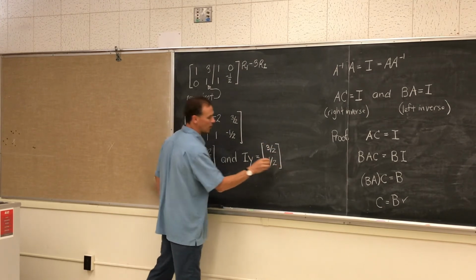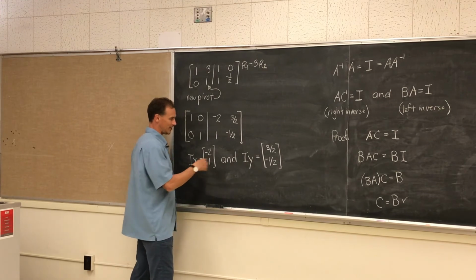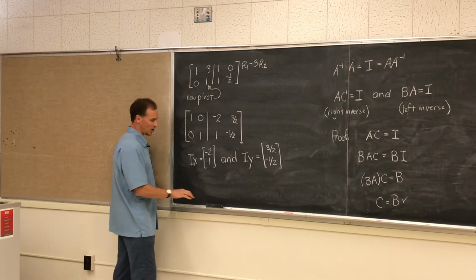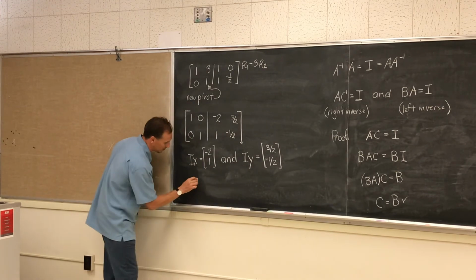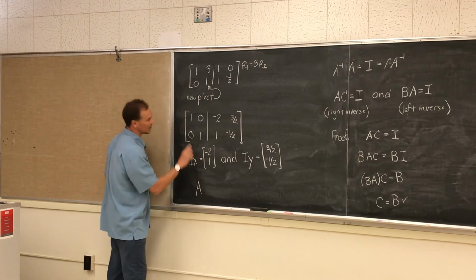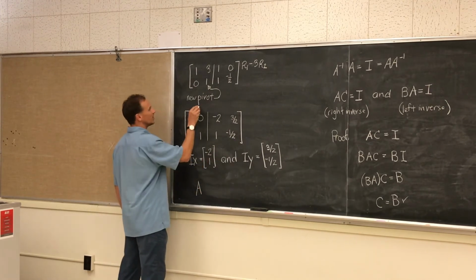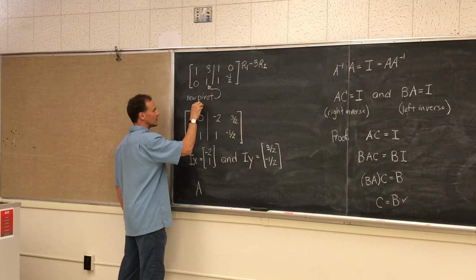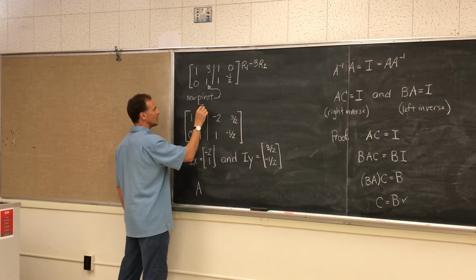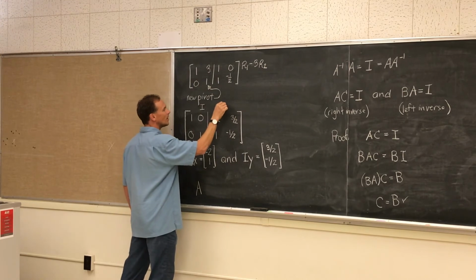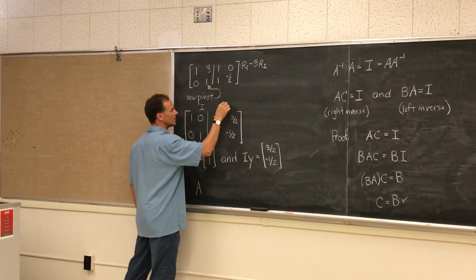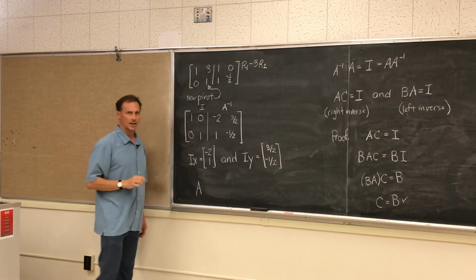But what is x and y? X and y, those are the column vectors of the inverse matrix. In other words, what I have right here is, I am at the problem, the augmented matrix of A inverse.